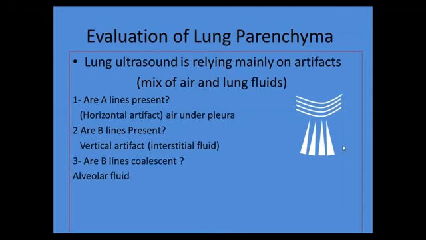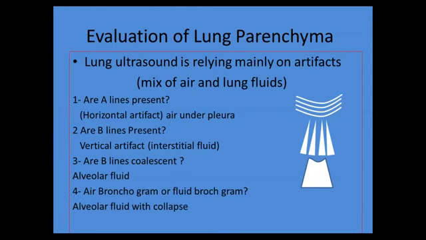And then when the B lines start to be coalescent or cannot be differentiated, then we call that coalescent B lines or alveolar fluid. So if we have the fluid basically in the alveoli, not in the interstitial space, then it is more severe, significant lung fluid, and the typical example for that is severe RDS.